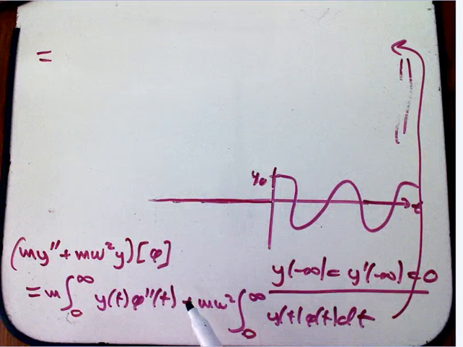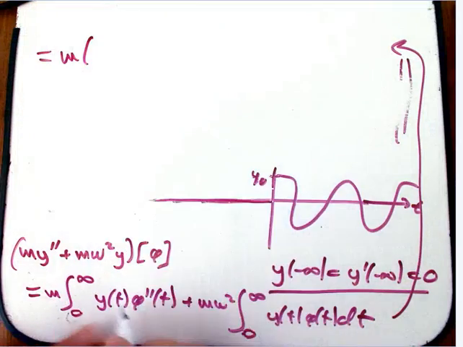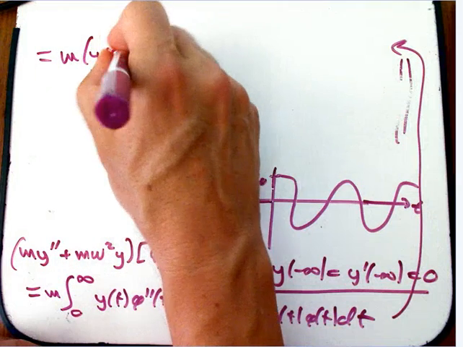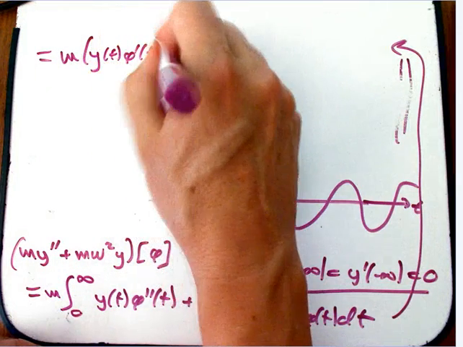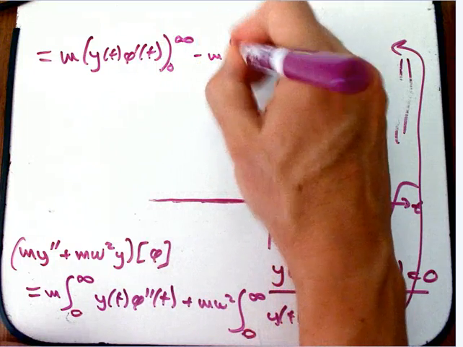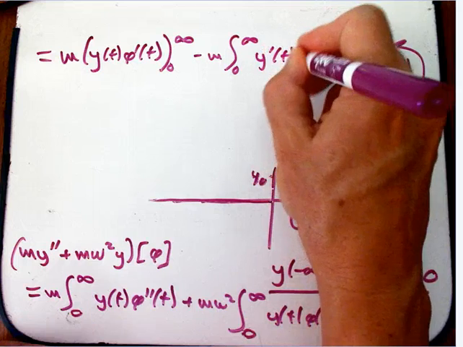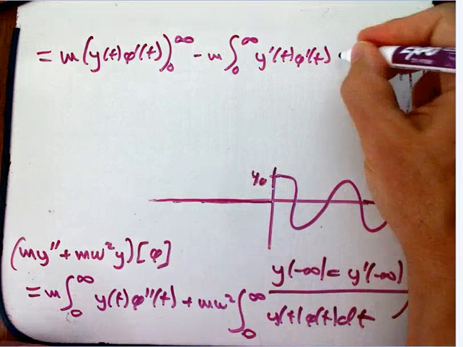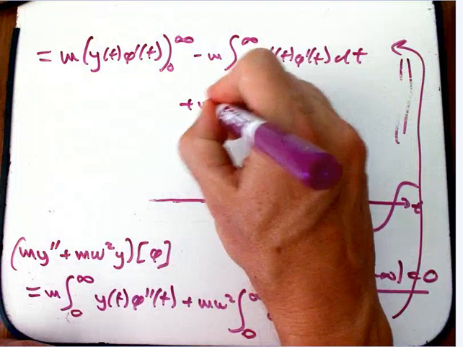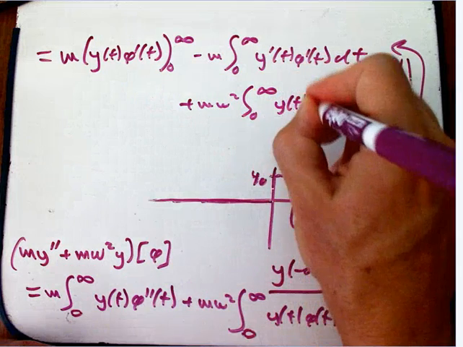Then I'm going to do integration by parts on this, m y of t phi prime of t, 0 to infinity, minus m integral 0 to infinity y prime of t phi prime of t dt. One derivative has moved over. And then plus the uninteresting part, where nothing really needs to go on until the end.